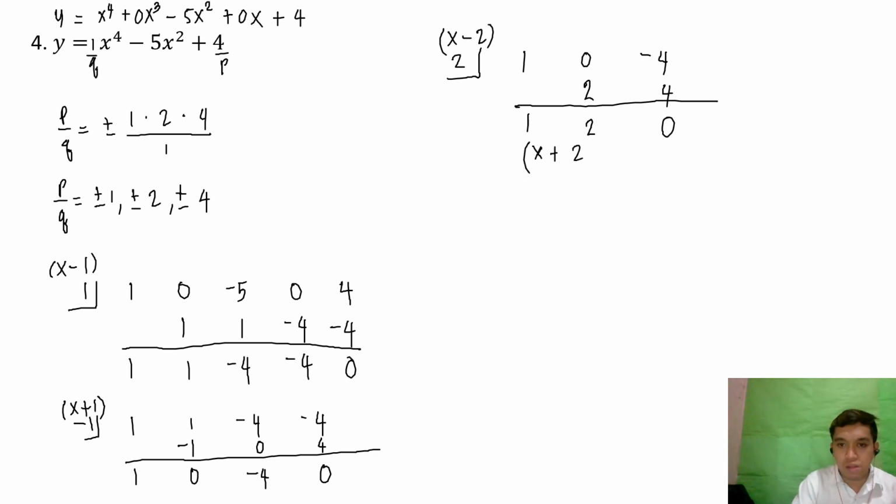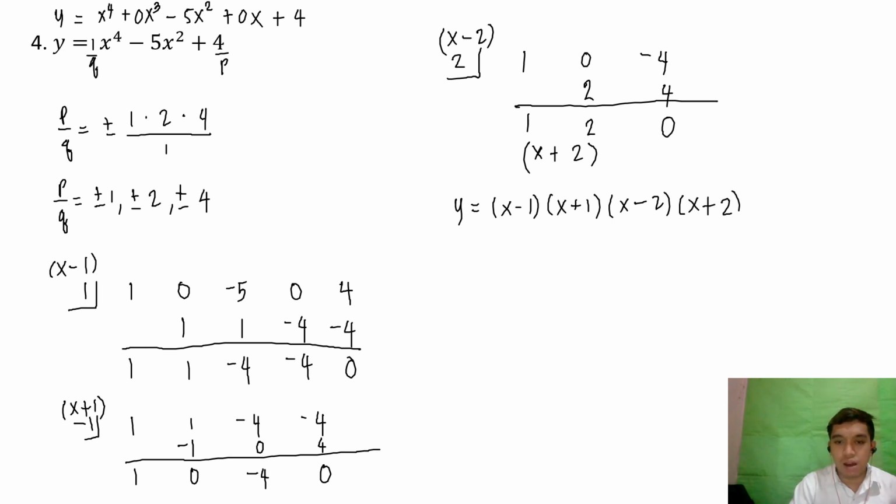So ayan, kompleto na. Kasi kung yung degree ng ating polynomial ay 4, ibig sabihin mayroon din siyang 4 na factor. So dito, yung ating factors ay x minus 1, at saka x plus 1, x minus 2, at x plus 2.